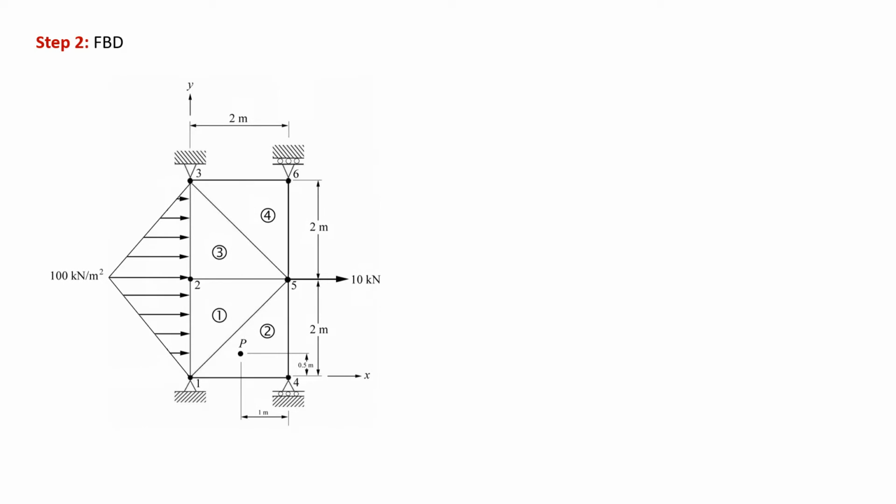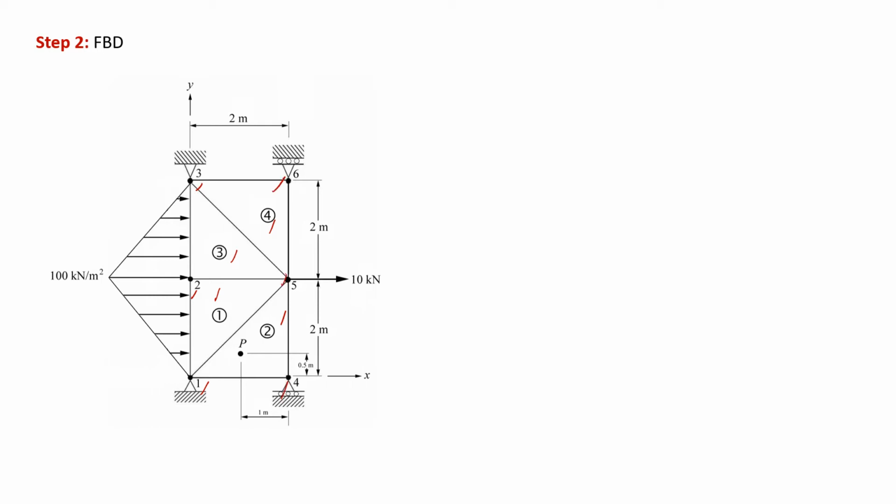The second step is to draw the free body diagram in order for us to determine the number of degrees of freedom later on. In this problem, there are 4 elements as shown, element 1, 2, 3 and 4, with 6 nodes, node 1, 2, 3, 4, 5 and 6.